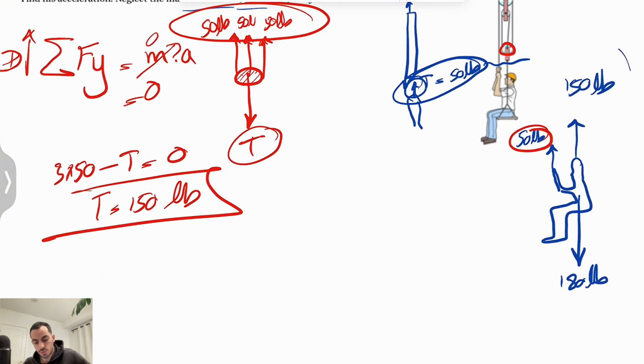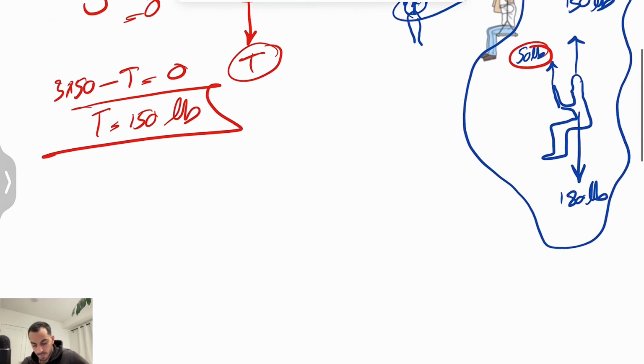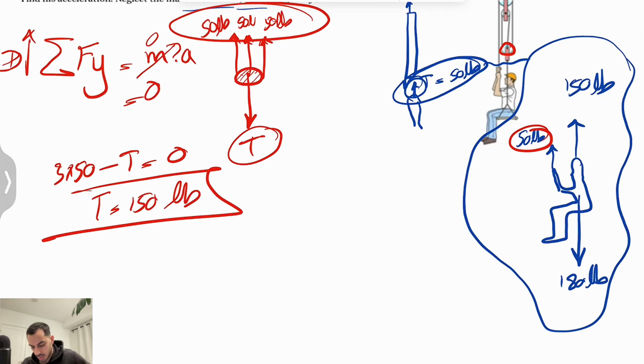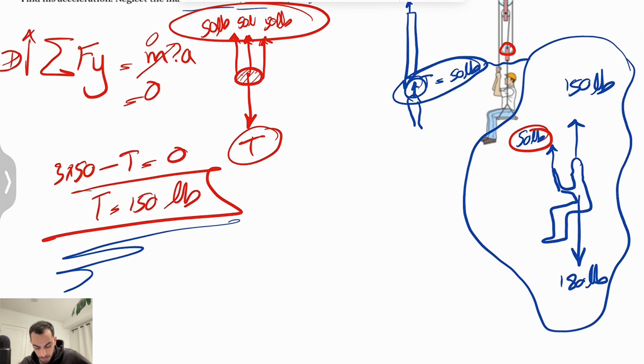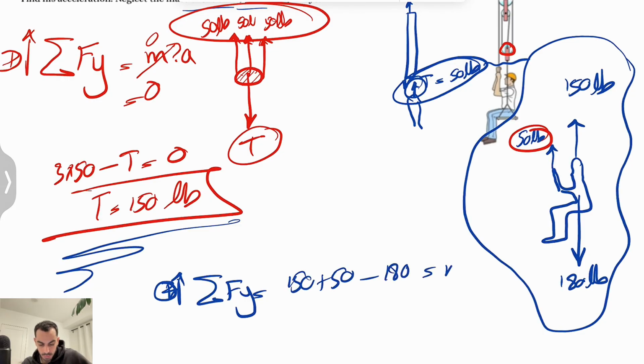Now we're going to do the sum of all forces for this free body diagram. I try to color code each equation with the free body diagram. So here we're going to do the same thing, sum of all forces in y. 150 plus 50 minus 180 is equal to mass times acceleration.